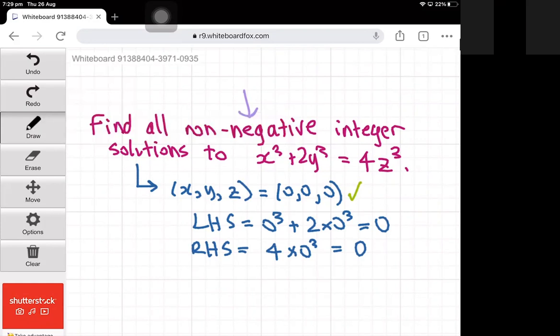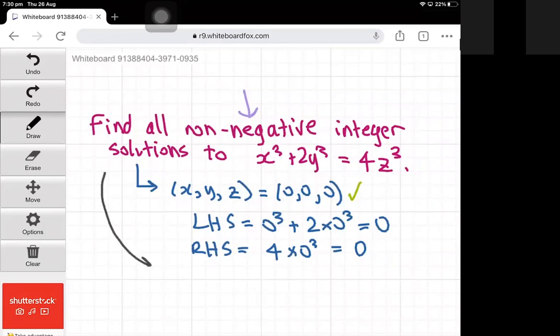But the question is, are there any other solutions? You could try substituting different values for x and y and seeing if the right-hand side is 4 times a cubed number. In fact, it turns out there are no other solutions.